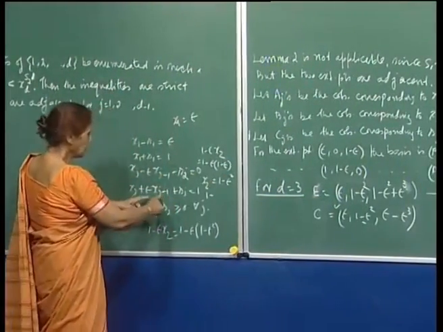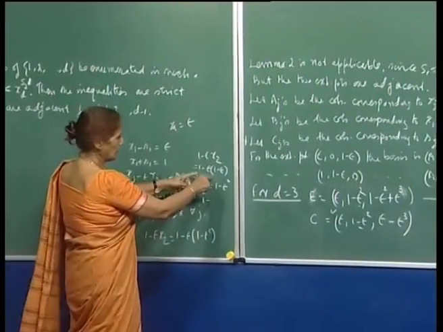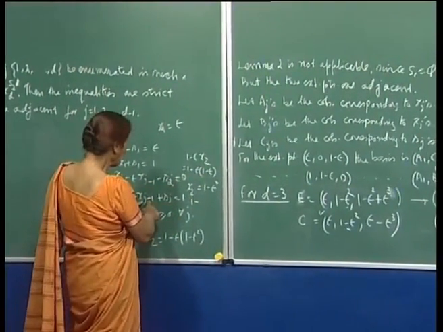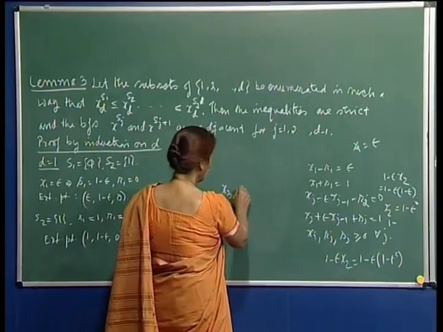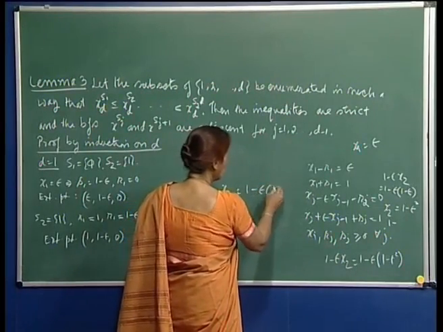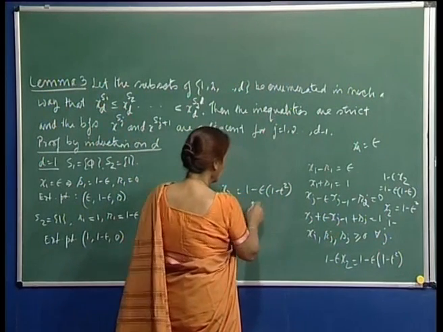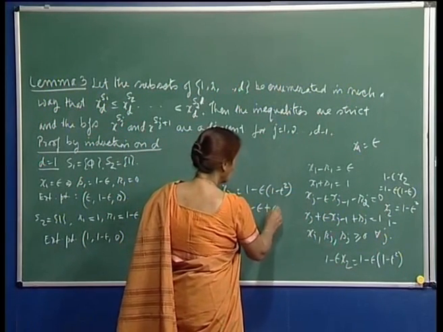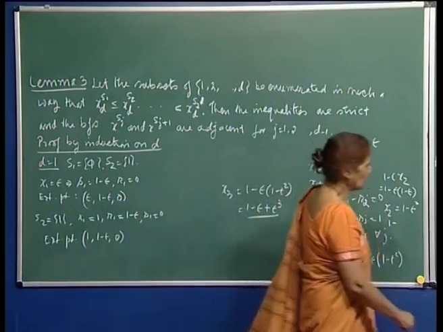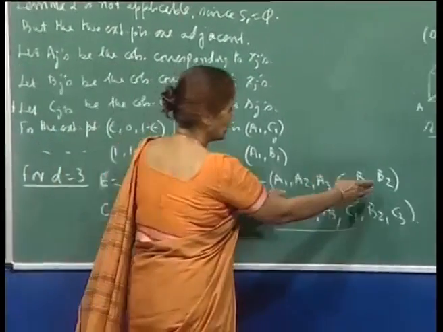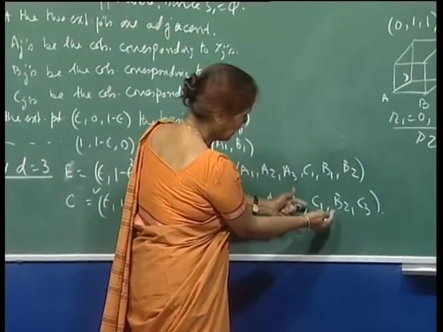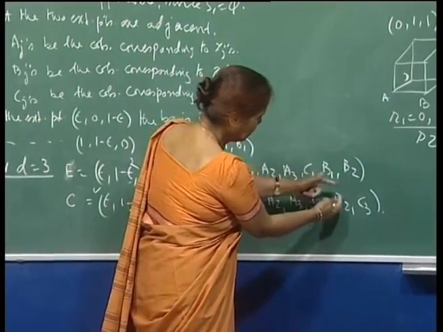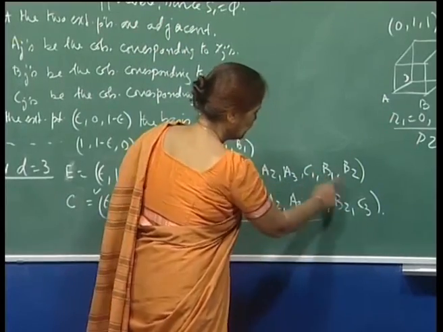Then since S 3 is 0, you get that x 3 is 1 minus epsilon times 1 minus epsilon square. So, this is 1 minus epsilon plus epsilon cube. This is the calculation, okay. And so, this is the basis, and you can see that immediately they differ only in B 1 and C 3.